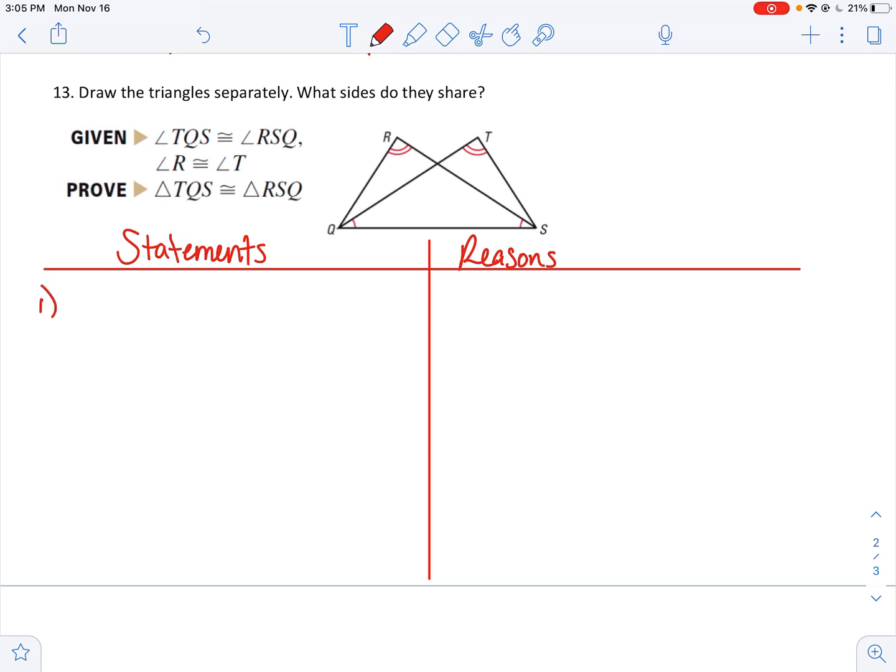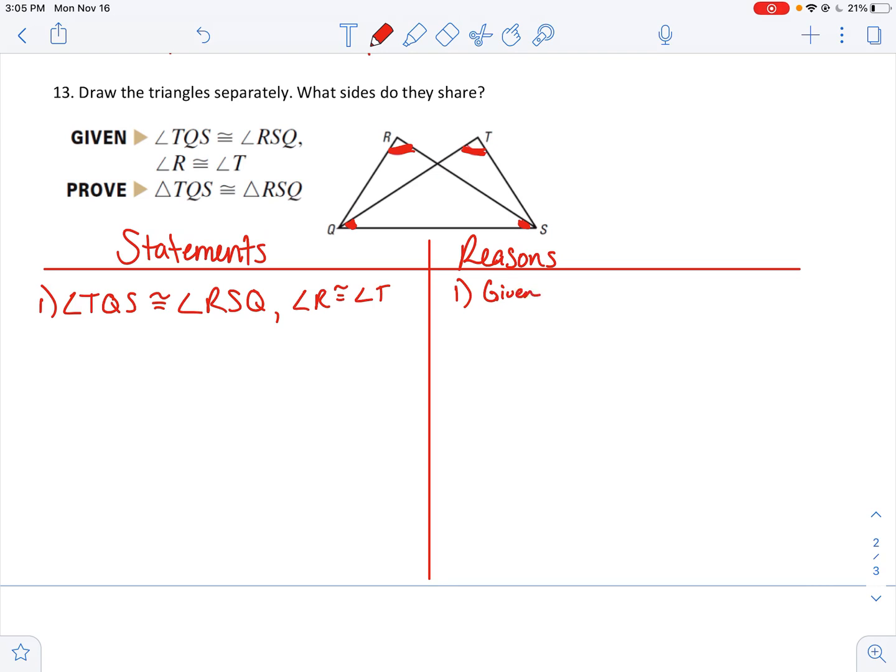So first thing I do is I copy down the given, TQS and RSQ. So down here, those are congruent. Angle R is congruent to angle T. That's up here. And that's all given. That's all given to us.